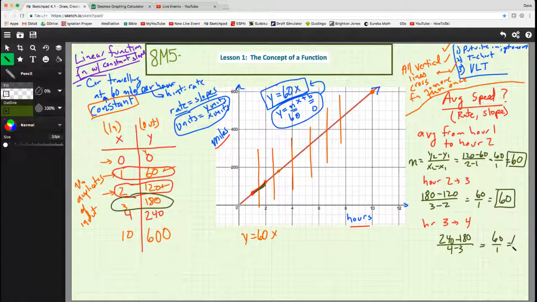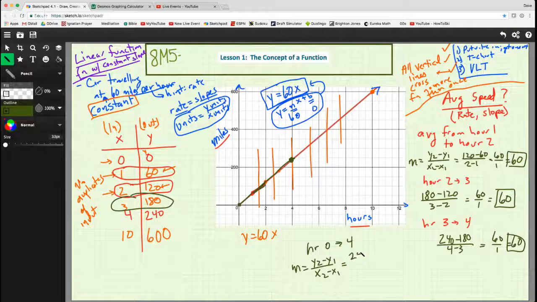over 1 equals 60. And if we want to do it from the whole distance, from say 0 all the way to hour 4, we should still get the same answer because the slope of this line should still be the same. But let's do this from hour 0 to 4. And so we get m equals y2 minus y1 over x2 minus x1.